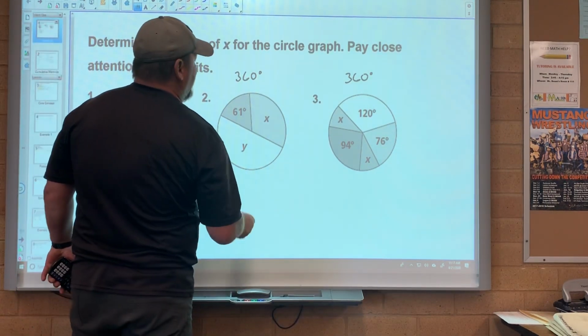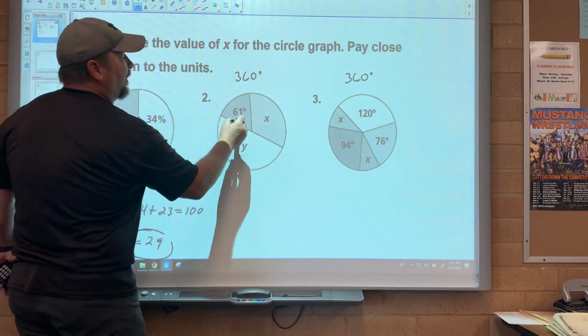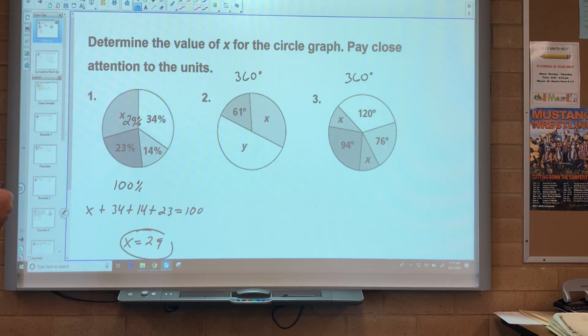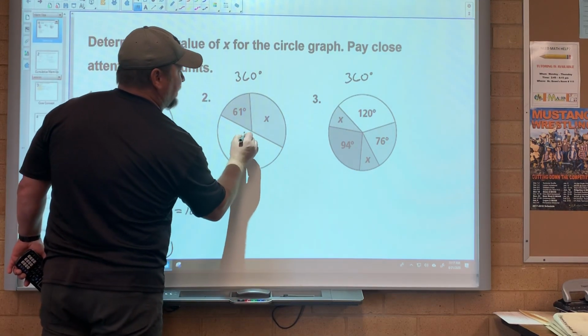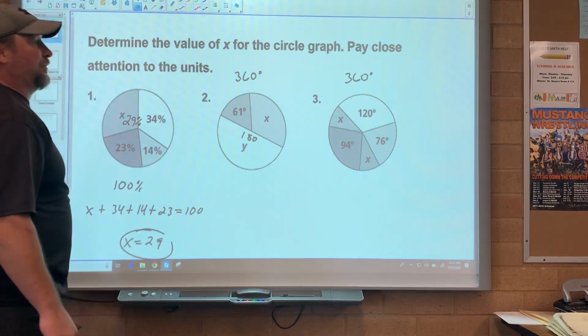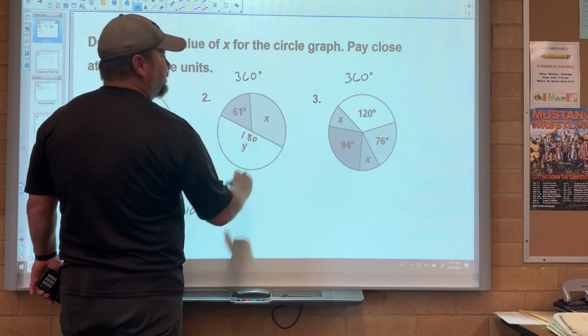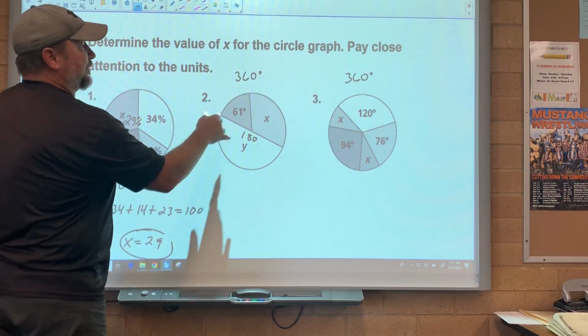This looks like a diameter. A diameter will always be 180. So I know this y value is 180 because it's half of the circle. That's with degrees. If it was with percents, it would be 50. But we're dealing with degrees.